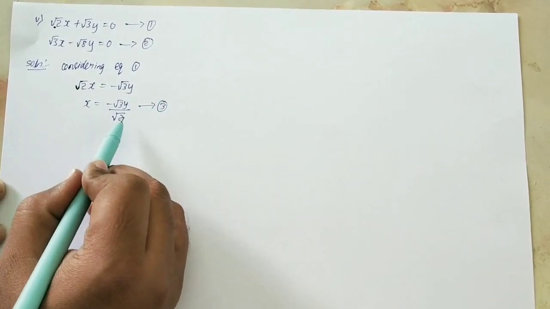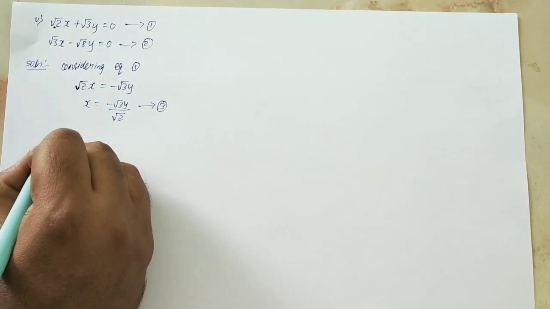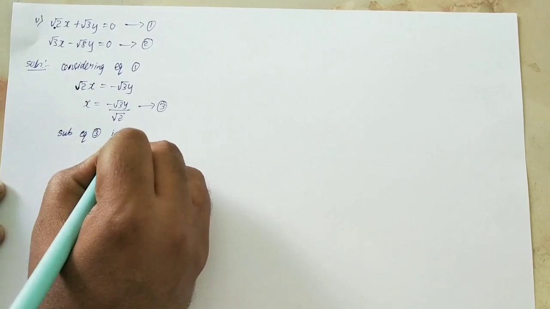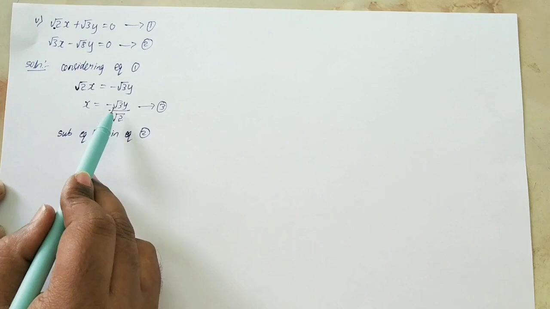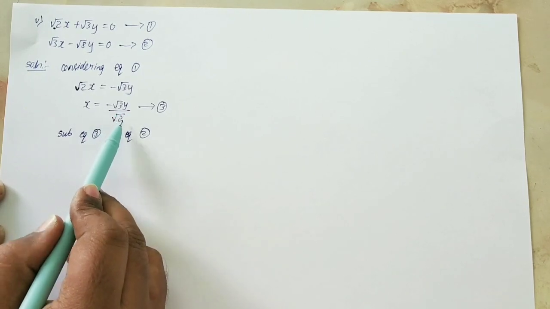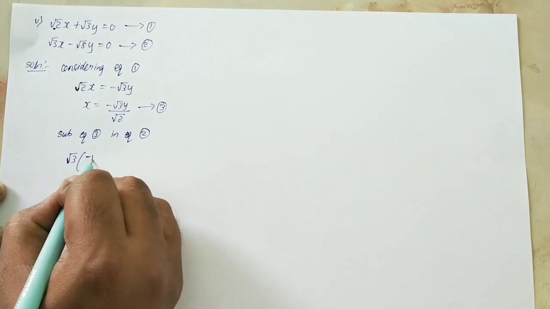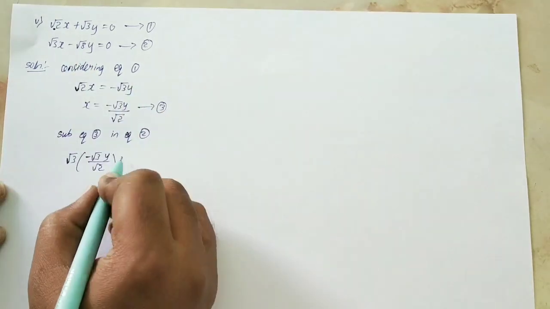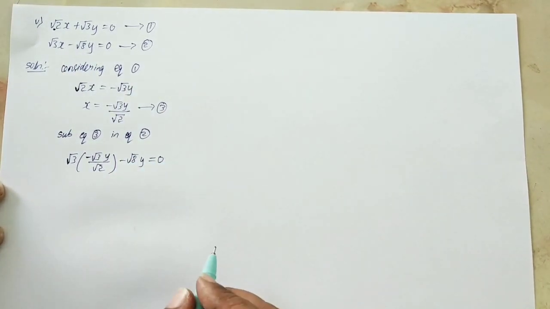Now I will substitute equation 3 in which equation? Equation 2. So substitute equation 3 in equation 2. Then what will it become? In place of x I will substitute minus root 3y by root 2. So here root 3 as it is. In place of x I will write this value, minus root 3y by root 2, then minus root 8y is equal to 0, right?